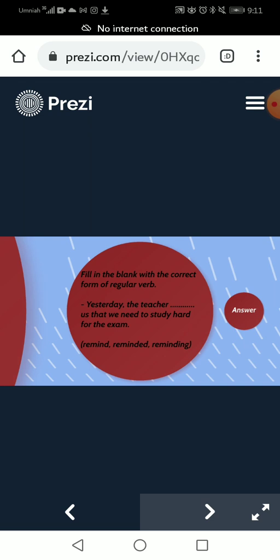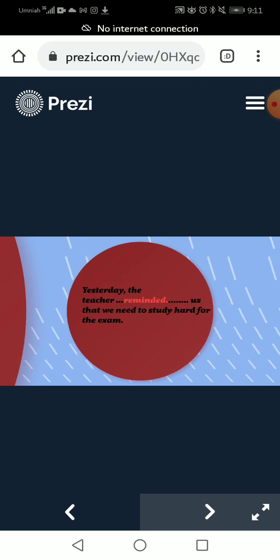And we have yesterday. It's a keyword. We have to use the past form. So the answer is, yesterday the teacher reminded us that we need to study hard for the exam. We add ed to the base form remind, so we have the past form reminded.